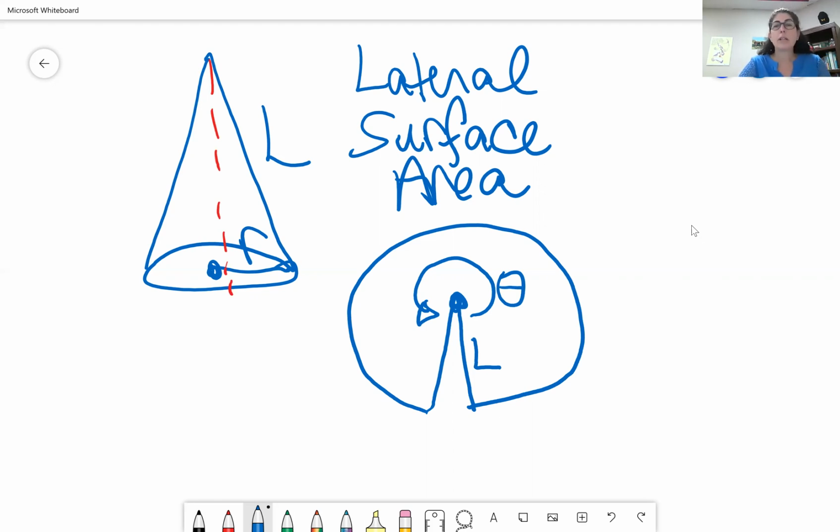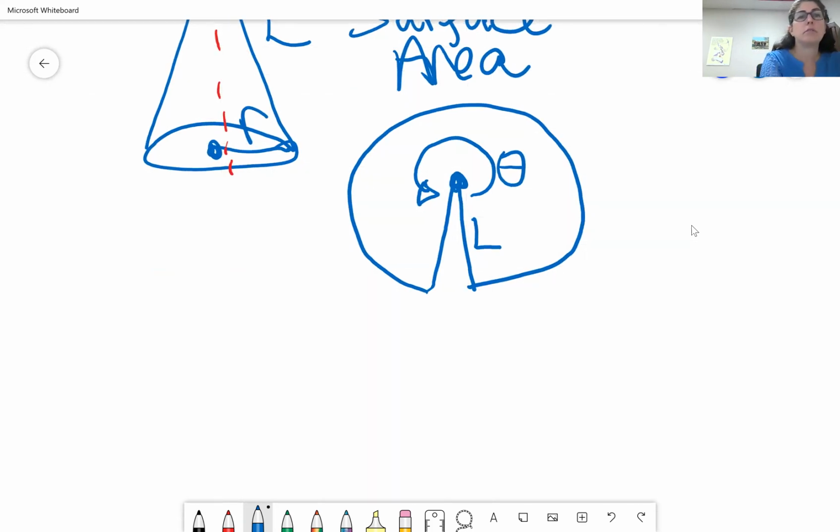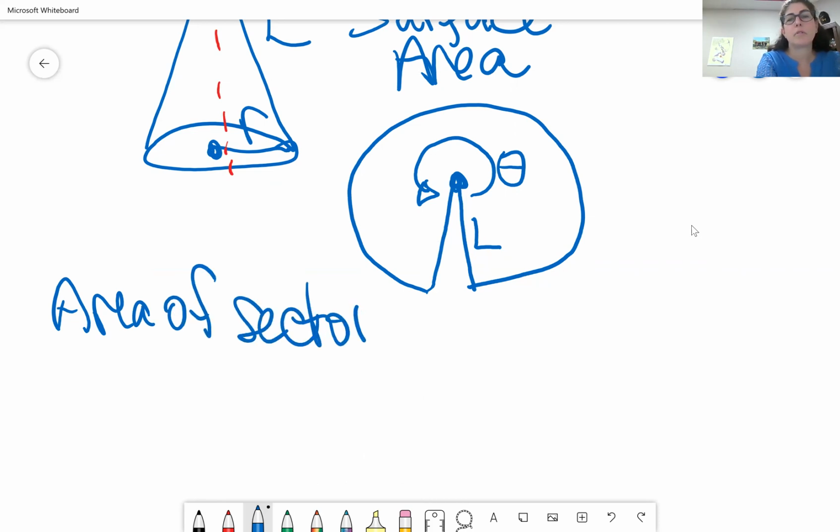Okay, what I would like to calculate is the area of the sector of that circle. So the area of the sector is a fractional part of the area of the whole circle. What's the fraction?